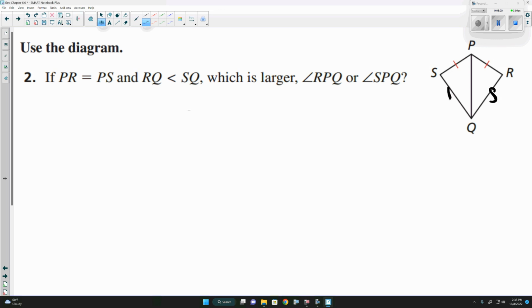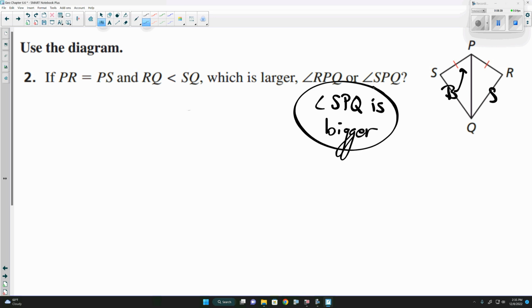RQ smaller, SQ is bigger. I just made the assumption that RQ, the bigger one, was on the left. So the actual bigger angle is SPQ. If it was at S or R, yes, but the other two, no. Questions on this here?